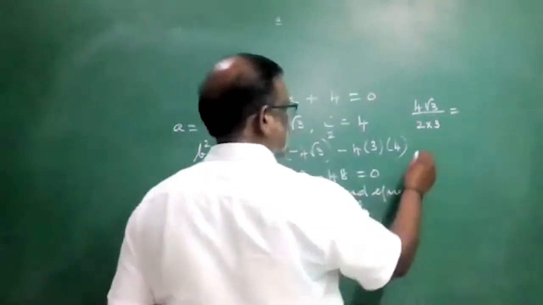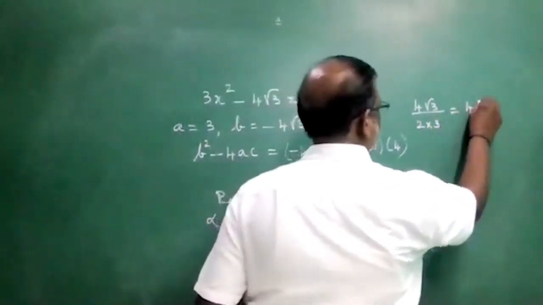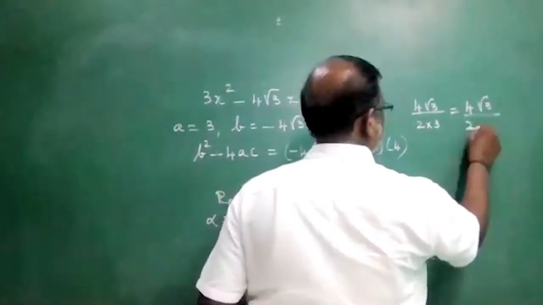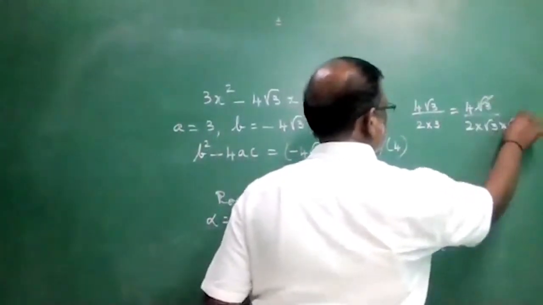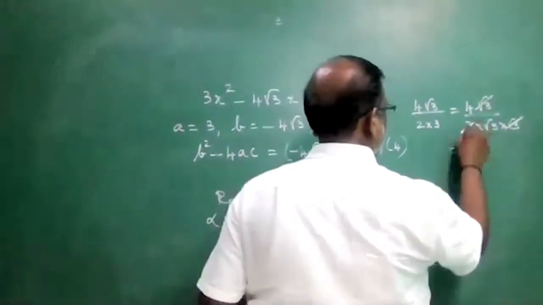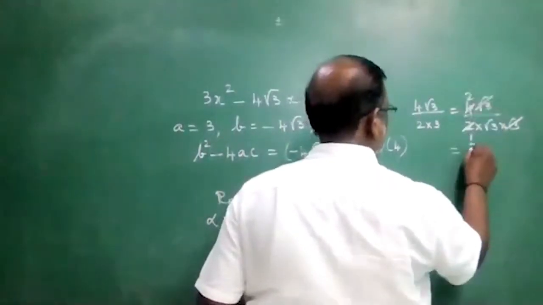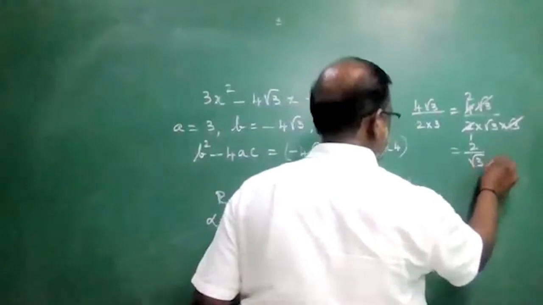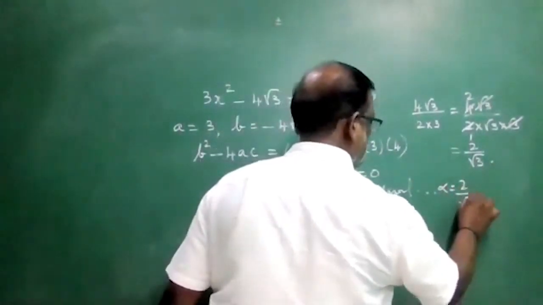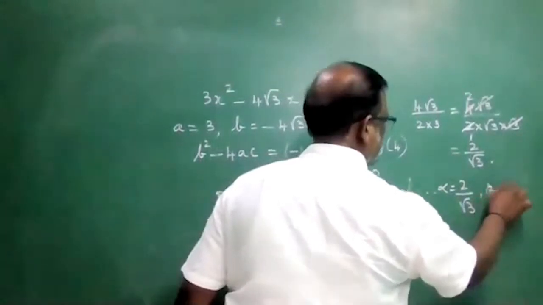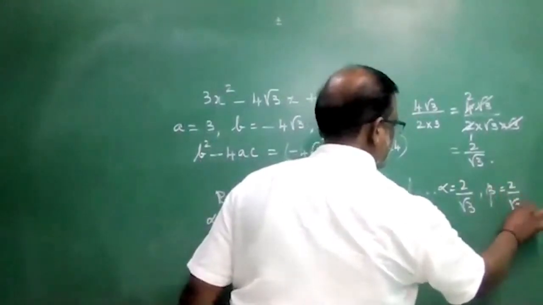The 3 I write as root 3 into root 3, one root 3 gets cancelled, and we will get 2 by root 3. Therefore alpha is equal to 2 by root 3 and beta is equal to 2 by root 3.